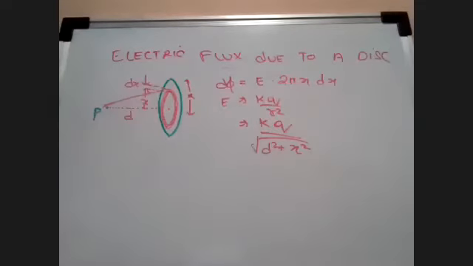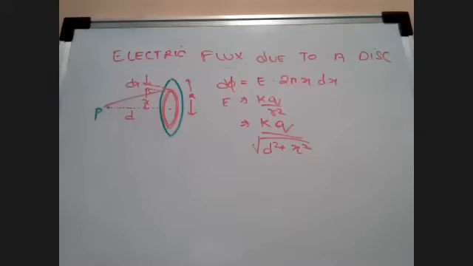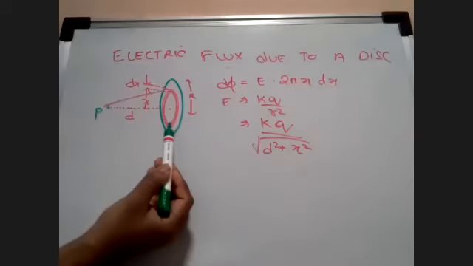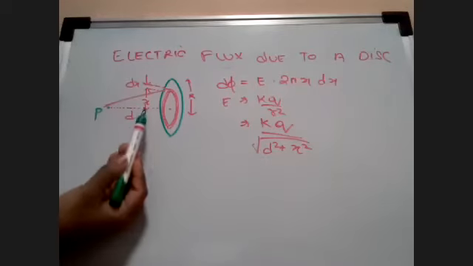The easiest way to find out the electric flux is by taking a small element. In the case of a disk, we will take a ring. We'll consider that this small ring element is at a distance of x from the center.